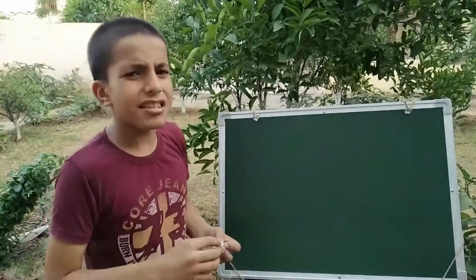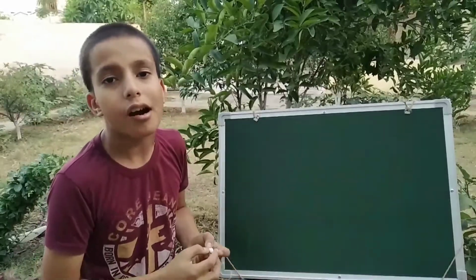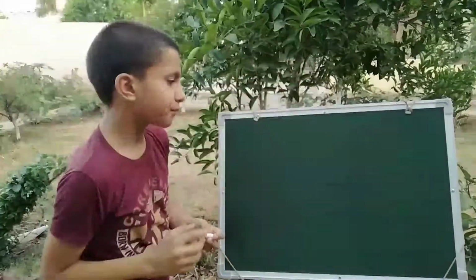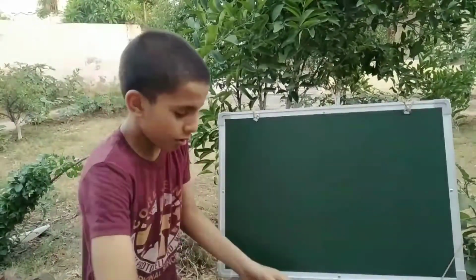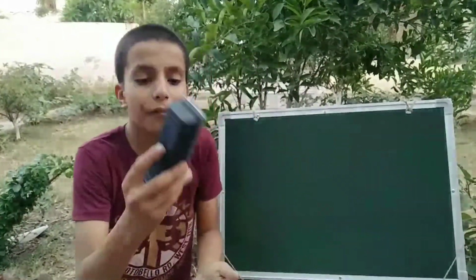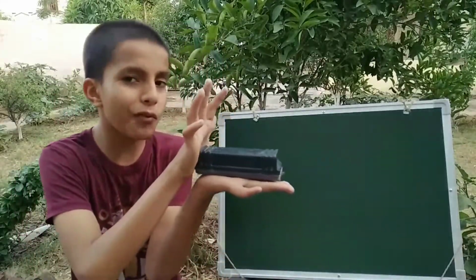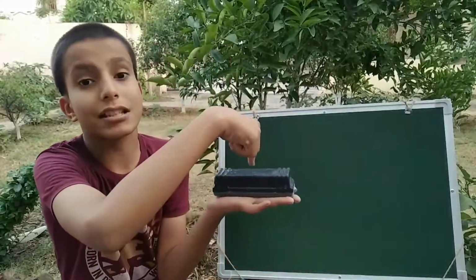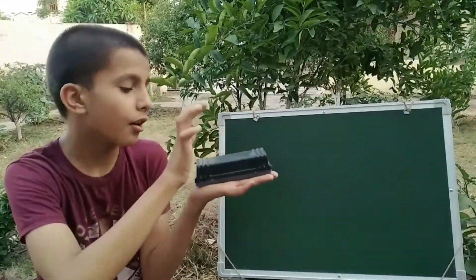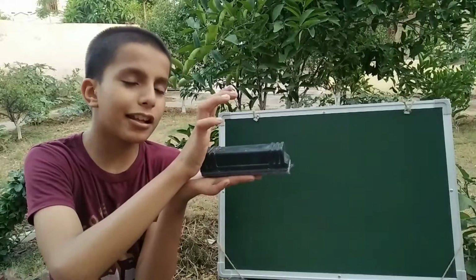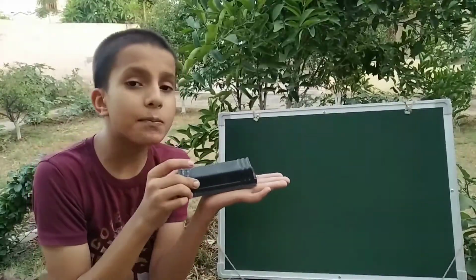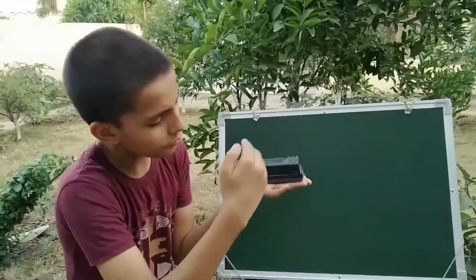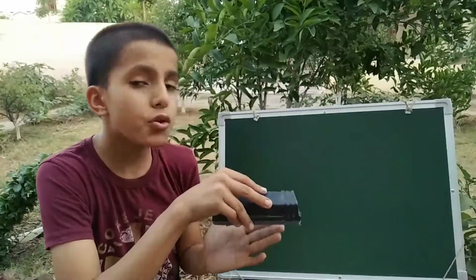So what is the definition of work in physics? We say that when there is a force, for example, I'm having a duster and I'm moving it, I have done work on this duster. There is a displacement, and I have given some force to it.